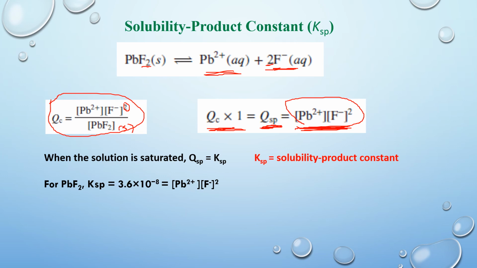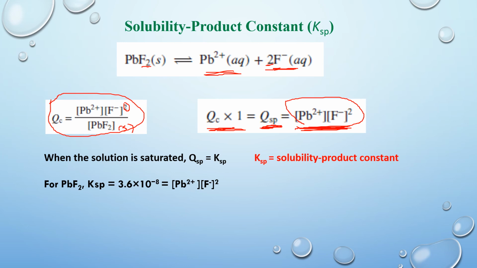Saturation here means that the amount of these solubility products in the solution have reached the maximum concentration, which also means that no matter how much more solid you add into this solution, which is already at this equilibrium or which is already saturated, no more lead cation or fluoride will be produced from the dissolution of the solid because it's already saturated.